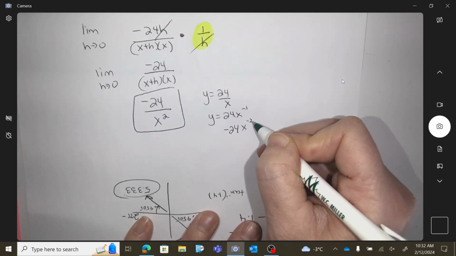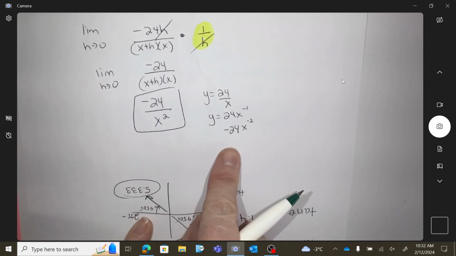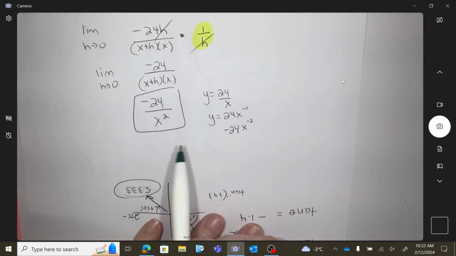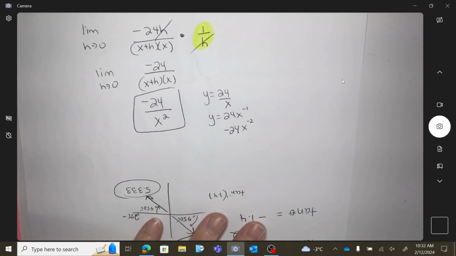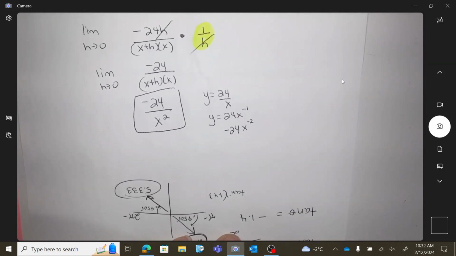What's this down? Does that match our answer that we got? Yep. Move the squared to the bottom and it does, yeah. Okay, so on your test, be ready to do any of those 3 styles.